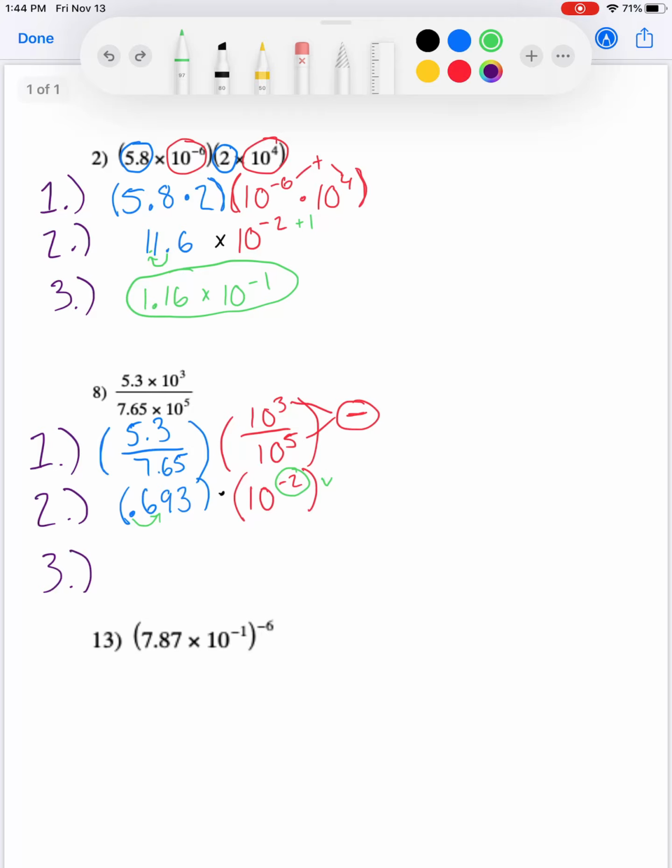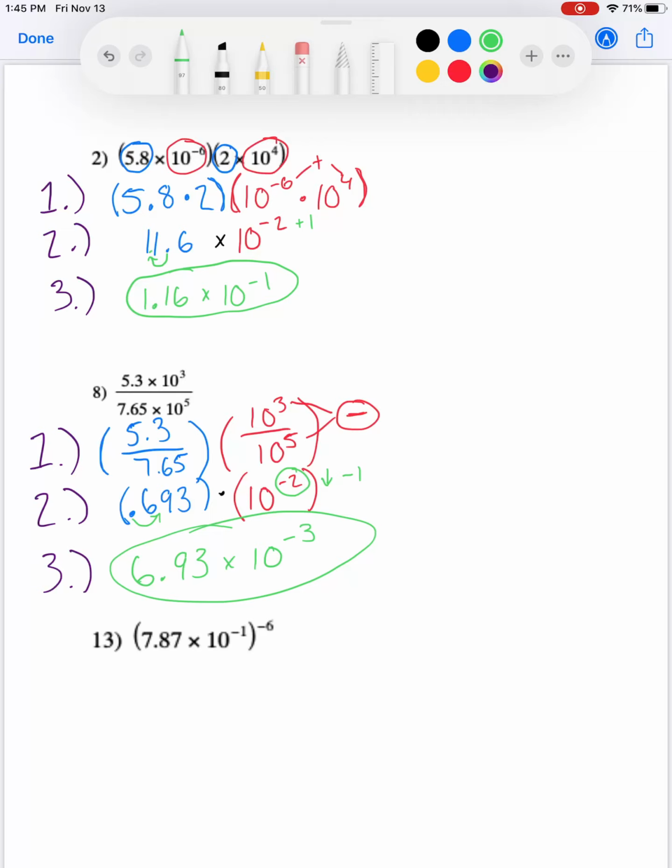I need to make it smaller by 1. So I'm going to subtract 1 from that. So now I'm going to have 6.93 times 10, and then 1 less than negative 2 is negative 3, so times 10 to the negative third.